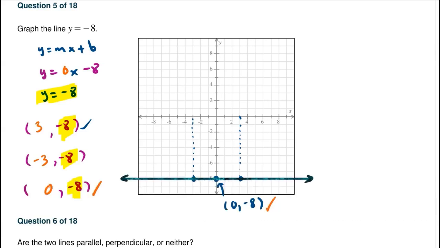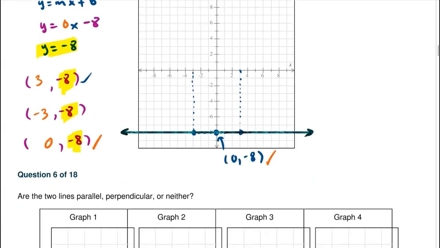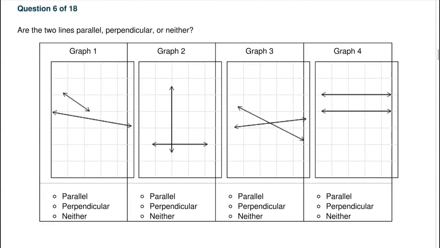That's it for number 5. Number 6. Are the two lines parallel, perpendicular, or neither? Alright, so we're going to look at the first one. As you know, parallel lines are two lines that go side by side, which never cross each other.